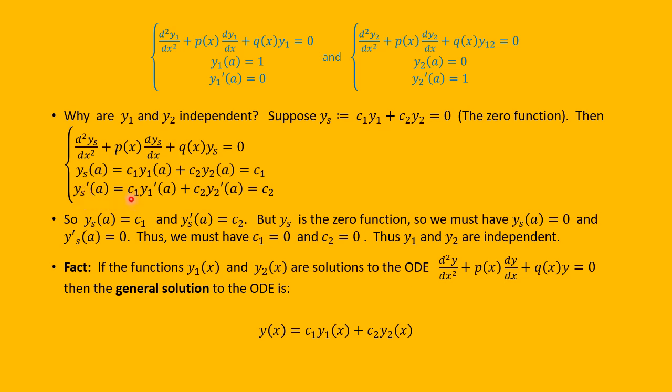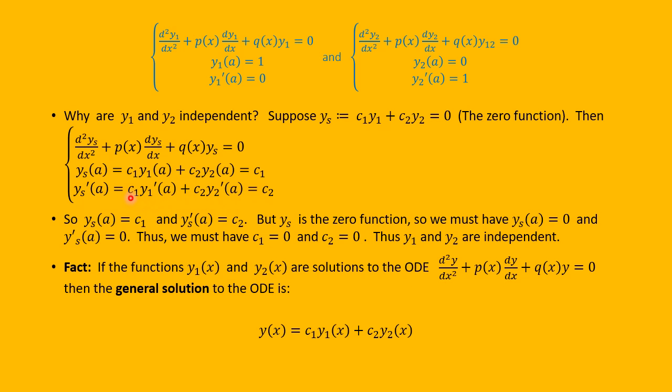Now let's look at y sub s prime of a. That is going to be, according to what y sub s is up here, c1 y sub 1 prime of a plus c2 y sub 2 prime of a. Let me just say that again.